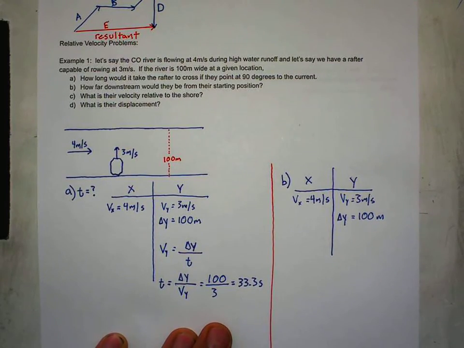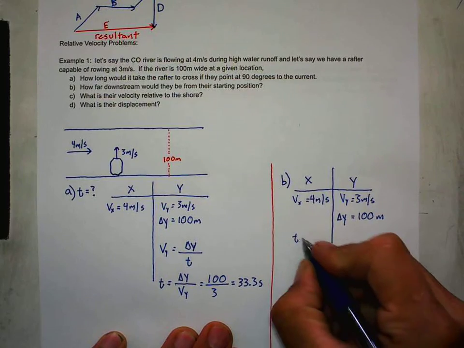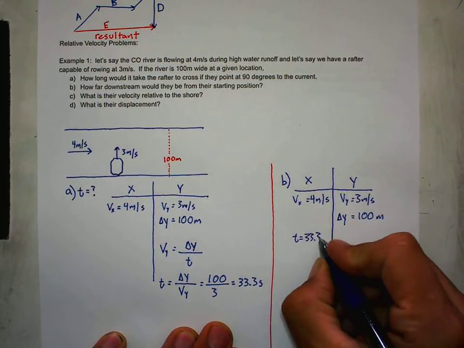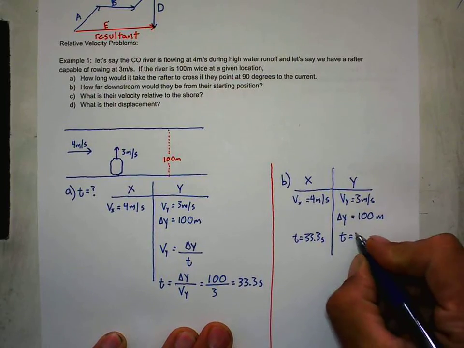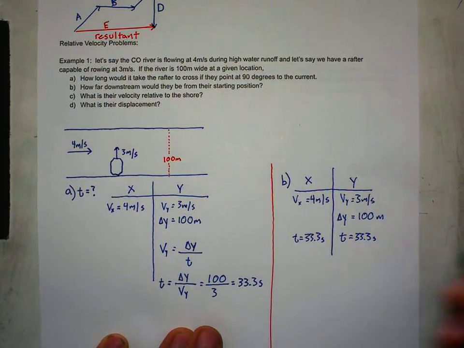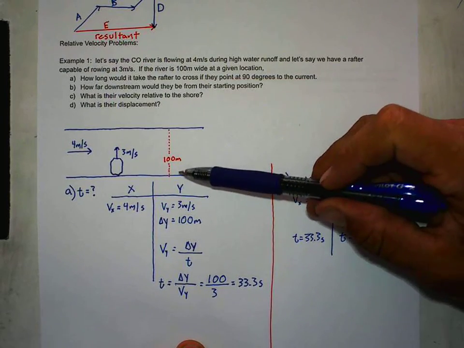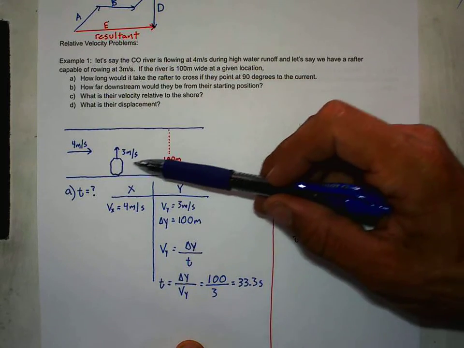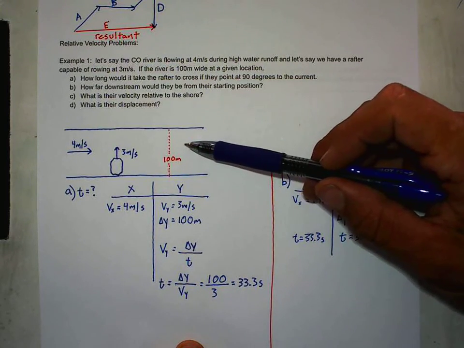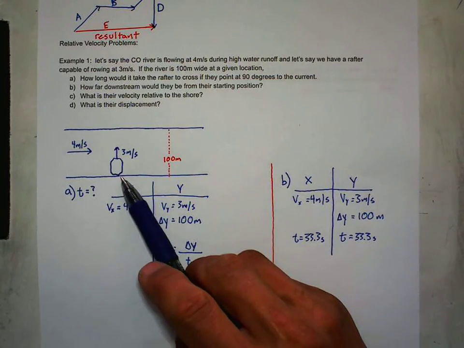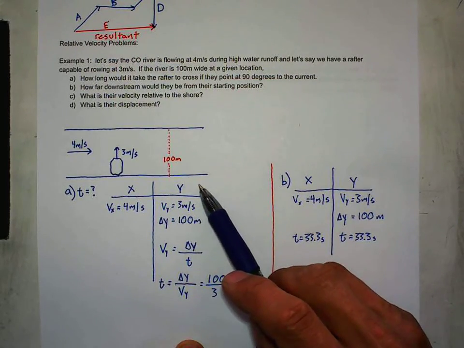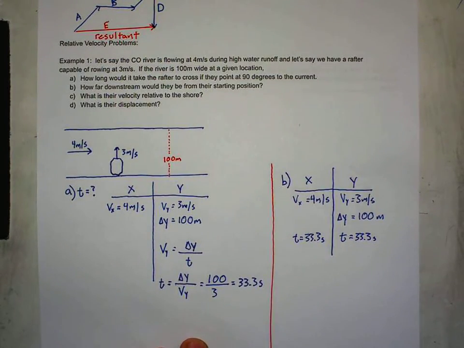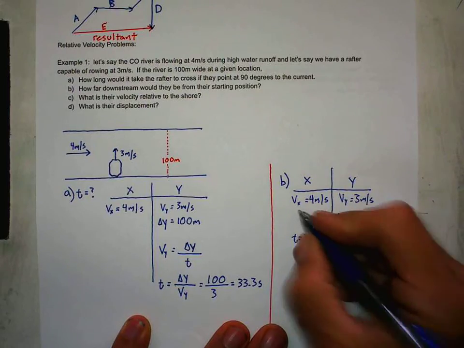And now we have a time. Our time applies to both sides. In other words, the 33 seconds it took them to go in this direction, what else were they doing? They're getting swept downstream for the same amount of time. We want to find out how far downstream they are from their starting point. They're not going to go directly across the river because they're pointing directly across and the current's taking them down. So now we just have to do the same thing over here.